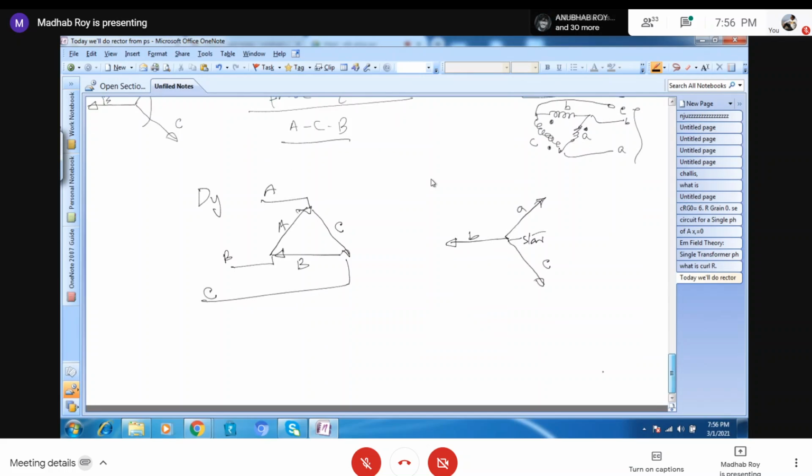What connection have you made with this? What is the name of this connection? DY1. So that connection is DY1.